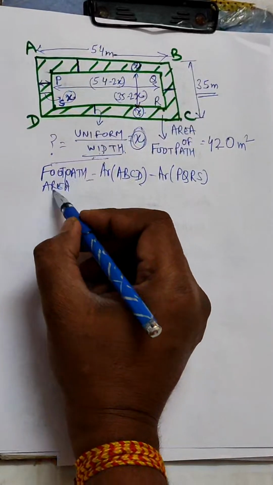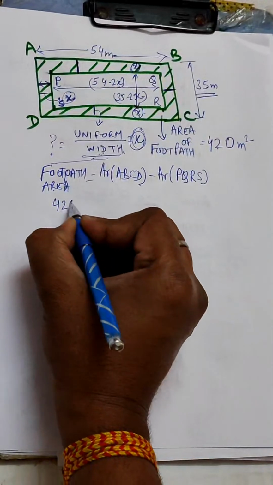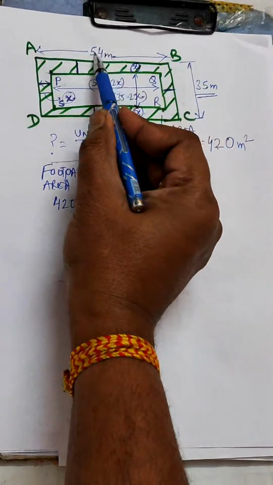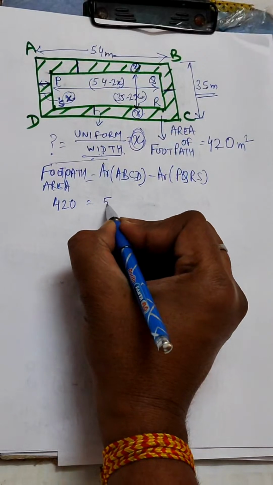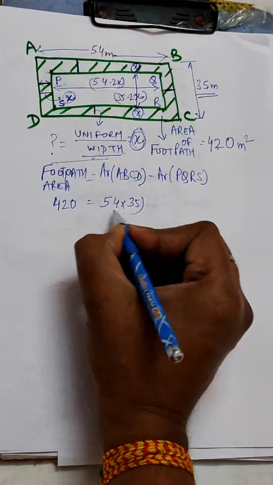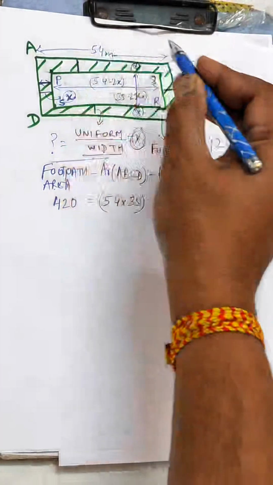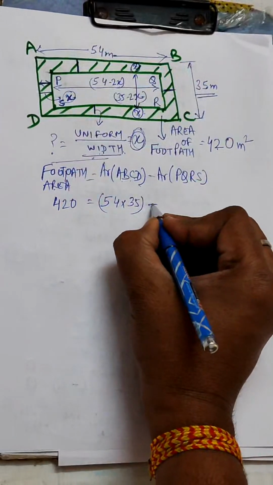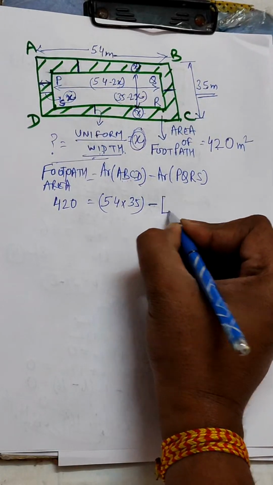So the footpath area is given as 420. Just put the value over here. And the area of the rectangle ABCD will be equal to 54 into 35, right? So just write the value over here, 54 into 35. This is the area of the bigger rectangle, the one which is outside, the ABCD, minus the area of rectangle PQRS, that is also length into breadth.